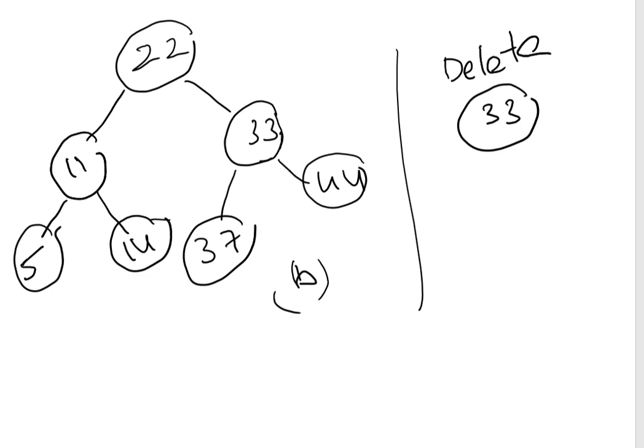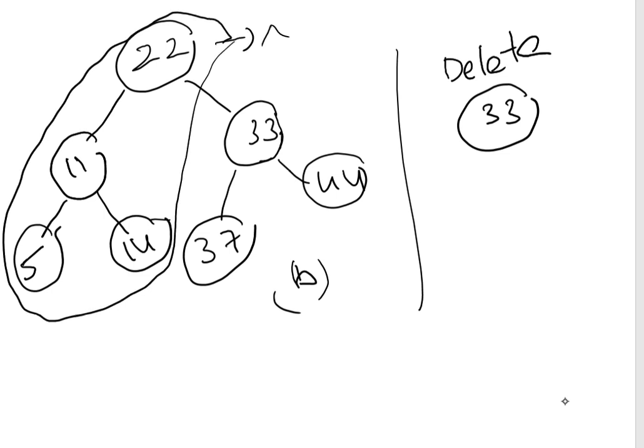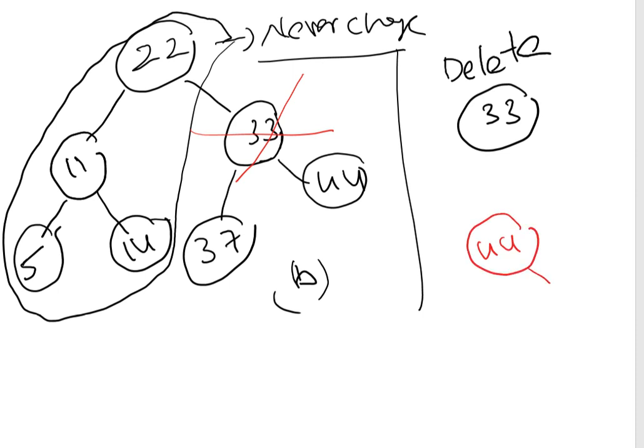Till this part will never change. Am I right? Yes, sir. Then where is the change? This will be deleted. Then which one do you want to make the node? If you make 44 the node, this thing will be there.